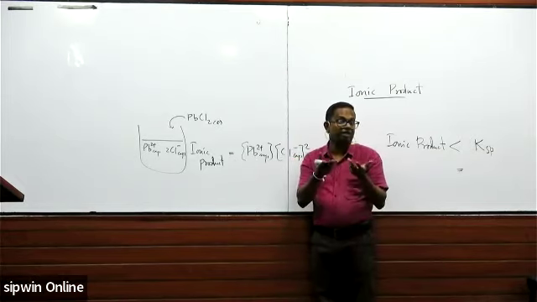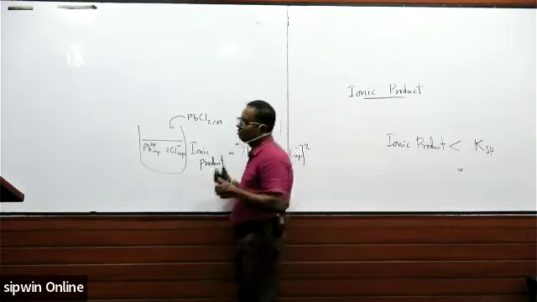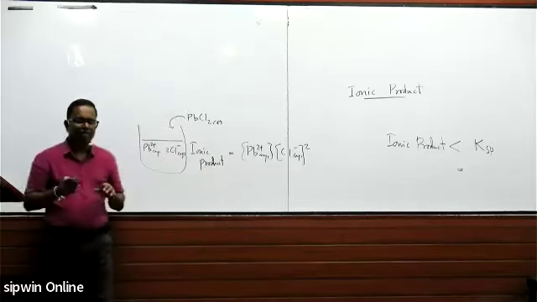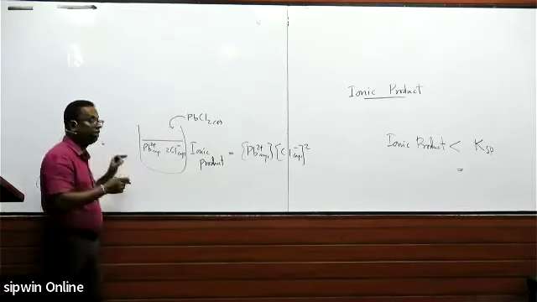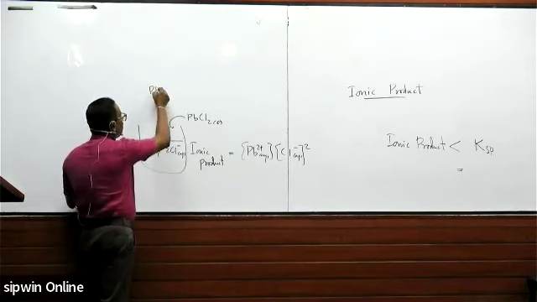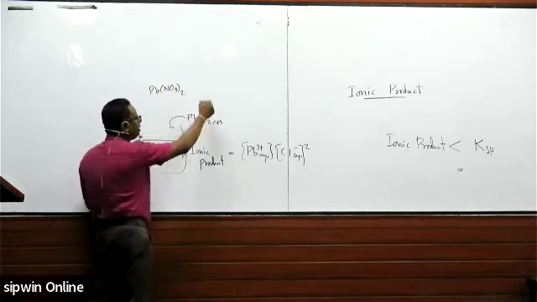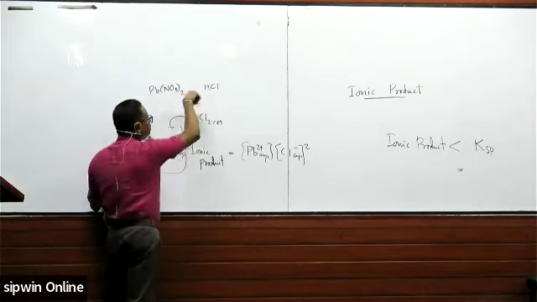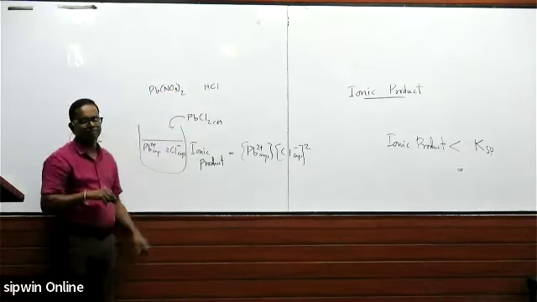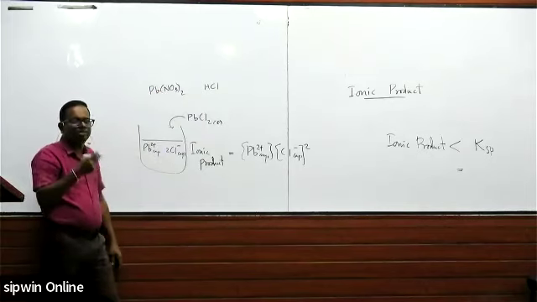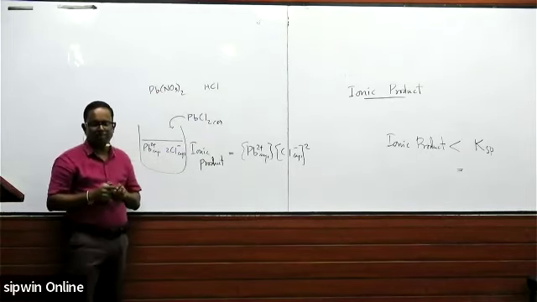They will give you some details. Say not lead chloride as such, but lead nitrate, a certain volume, and HCl, a certain volume, mixed together. Whether a precipitation takes place in this one.